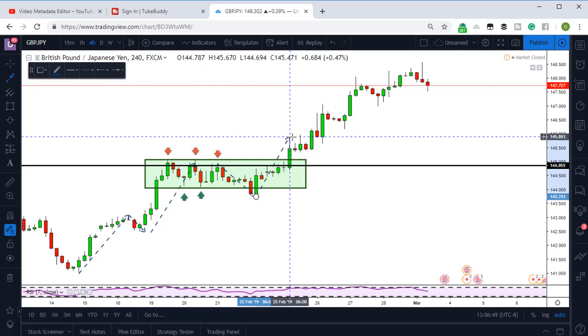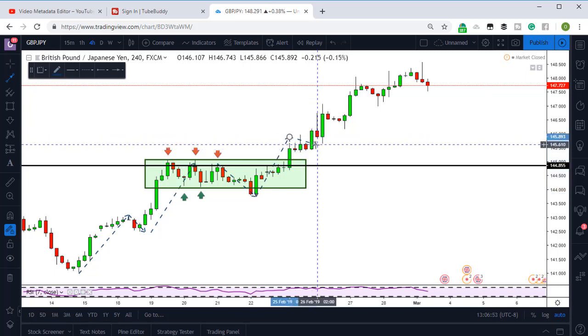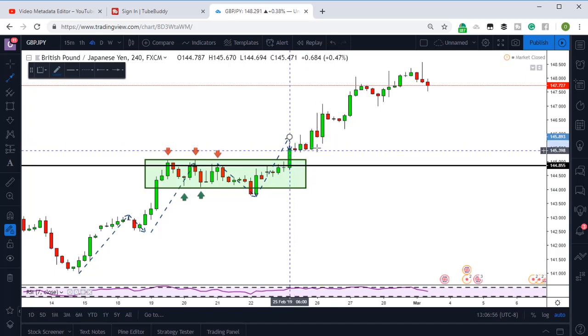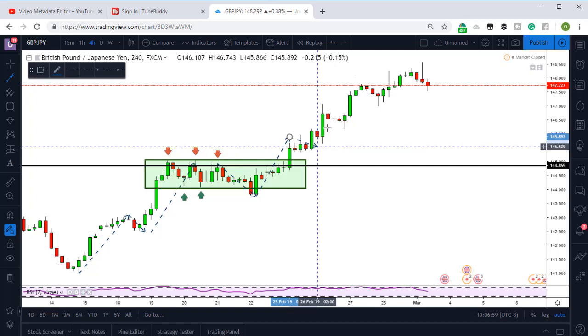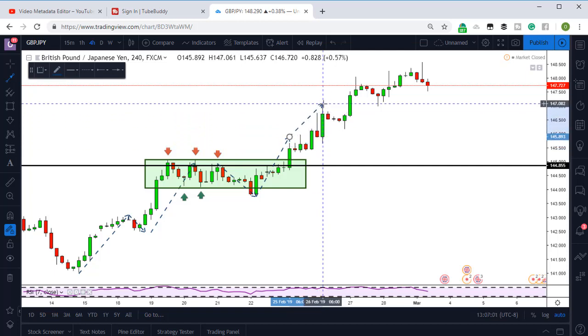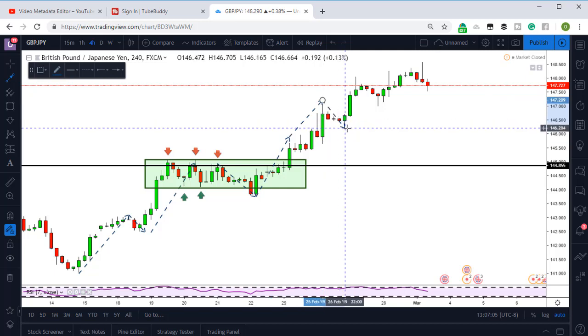And from there, we have a bit of a slowdown. This level of structure, but it wasn't a pullback. It was just a bit of a minor slowdown. Price action continues to this level of structure, and we get another retracement right here.